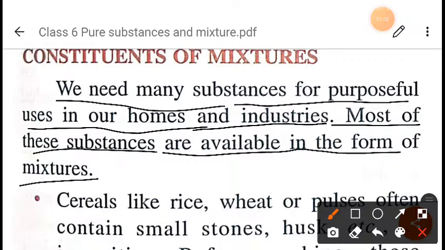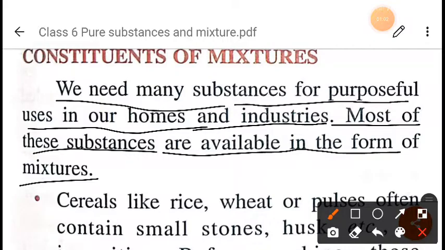In our home, or in industries or food processing companies, we use so many substances, but most of the substances we find are in the form of a mixture. So we have to separate the different constituents of a mixture, and after that we can use them, right?